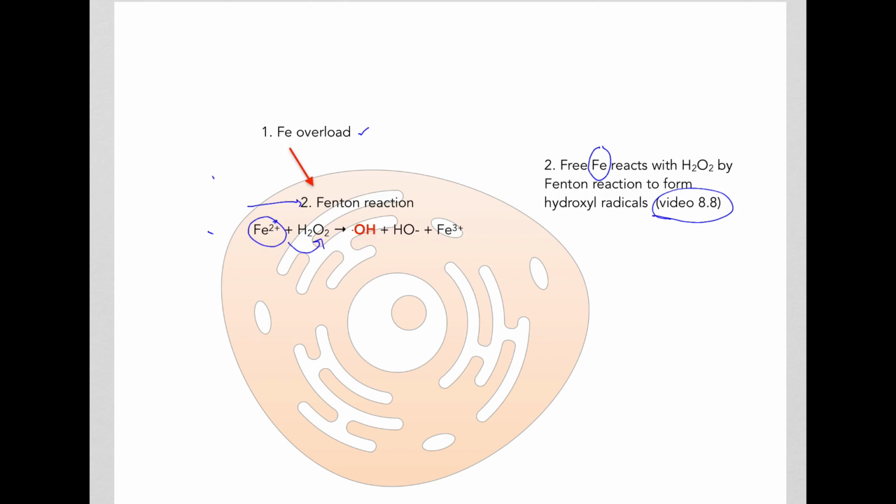And as we talked about in earlier videos, hydrogen peroxide is produced by several different reactions in the human body. And this Fenton reaction can produce a very powerful and dangerous free radical called the hydroxyl radical. So iron can lead to the production of this hydroxyl radical.